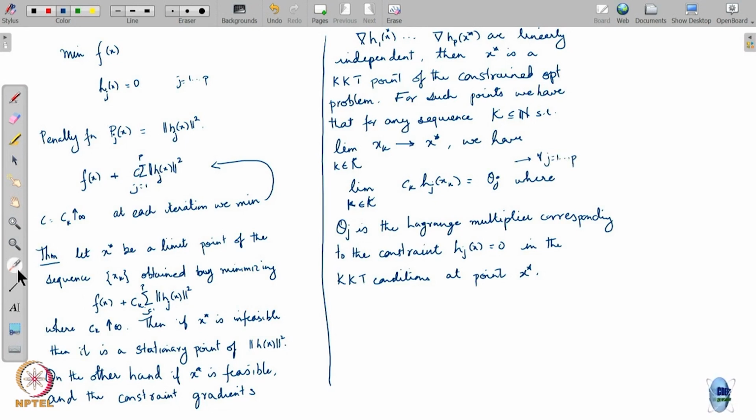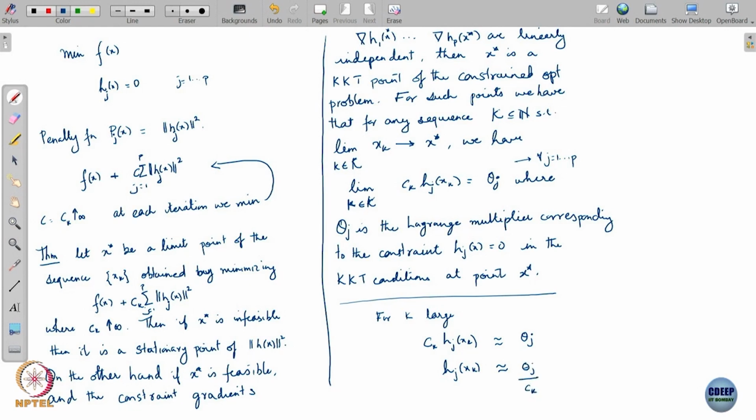This means that for k large, your c_k times h_j of x_k is not becoming 0, but rather coming close to a constant equal to the Lagrange multiplier. So, h_j of x_k itself starts approaching a constant divided by c_k.